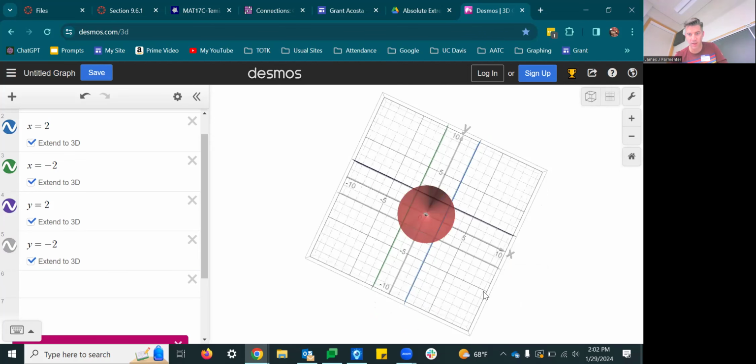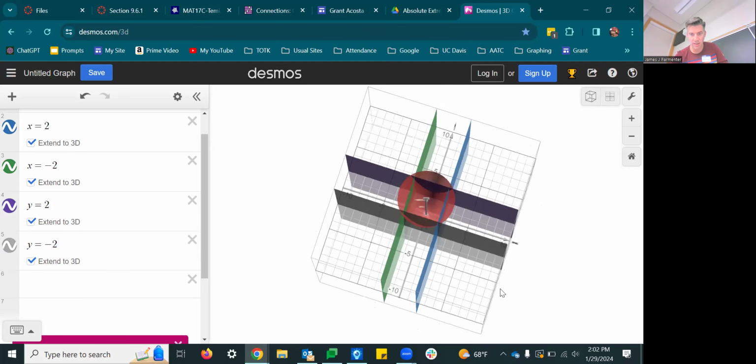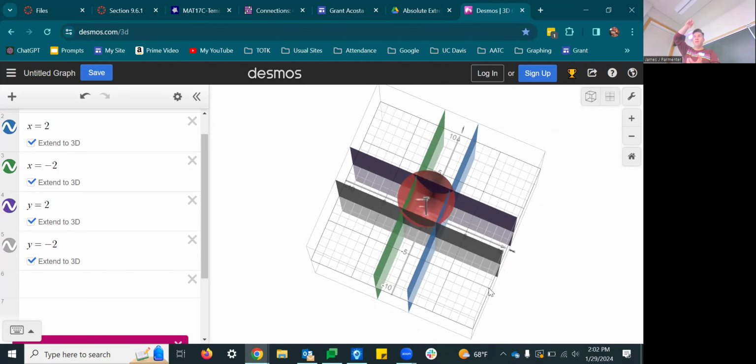There it is. Look at that. You can kind of see the red surface in the middle. It's the highest at the corners and then dips down, dips down, dips down, and then dips way down in the middle. So you've just got this part of the paraboloid and it happens to have the highest values at the corners, the lowest value in the middle.